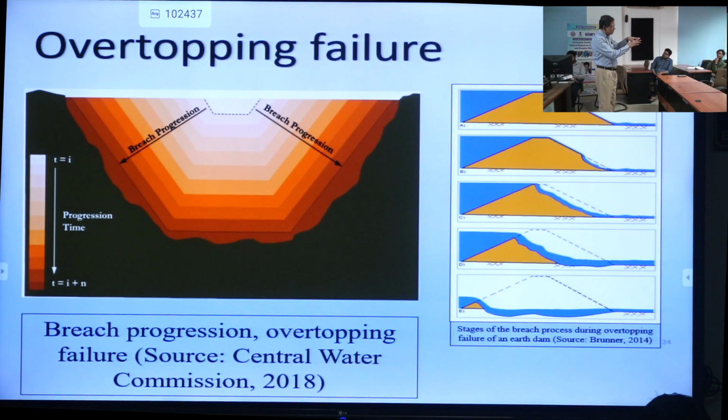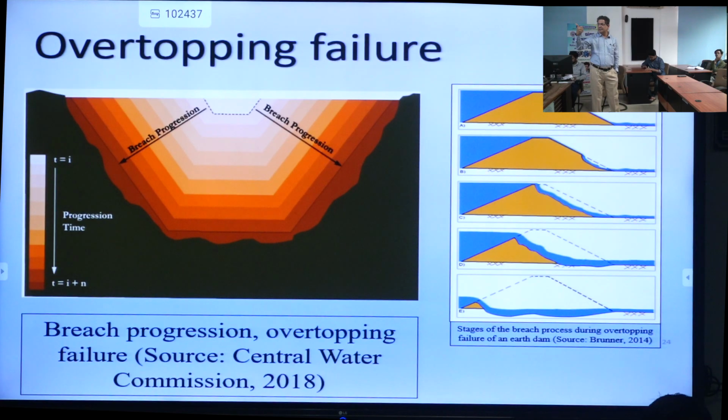That point will eventually grow into a trapezium, and that trapezium will further grow, over whatever time, let's say I give 2 hours. Usually it depends on the material. If it is an earthen dam, it takes something like 2 hours, maybe 3 hours, 10 hours, depending on the characteristics of the earthen material.